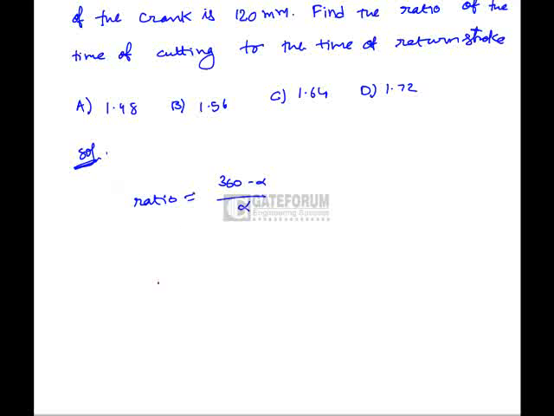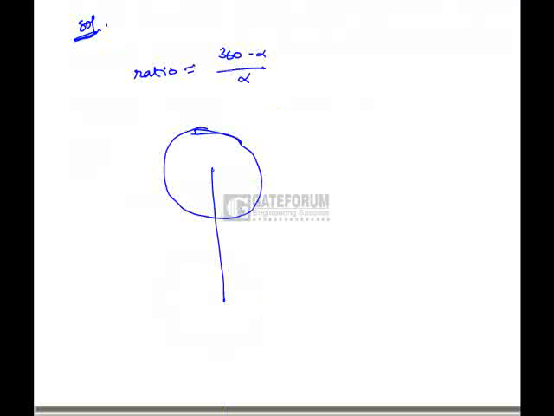So here, let us say this is the distance between the center of oscillation of the slotted lever and the center of the rotation of the crank, that is equal to 300 mm.